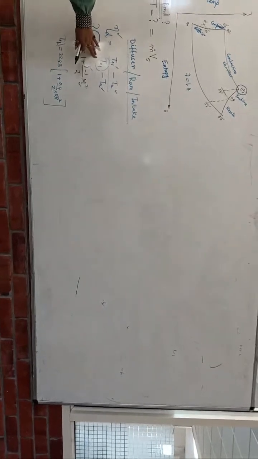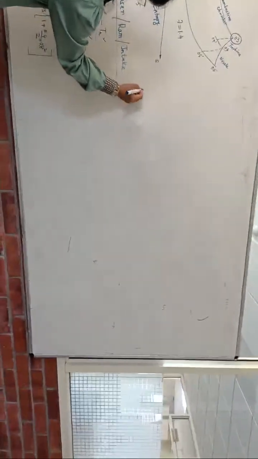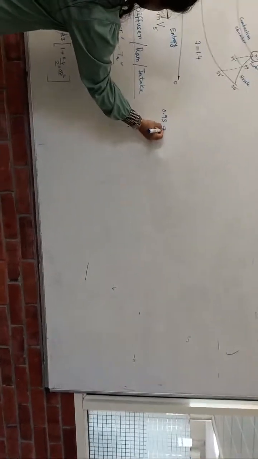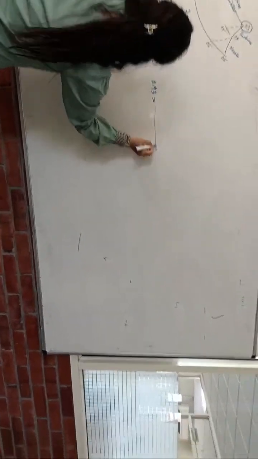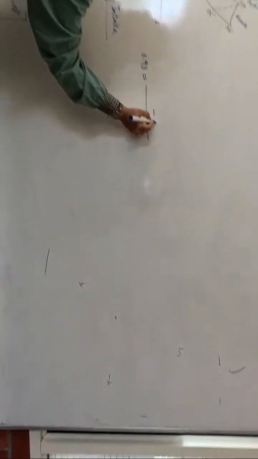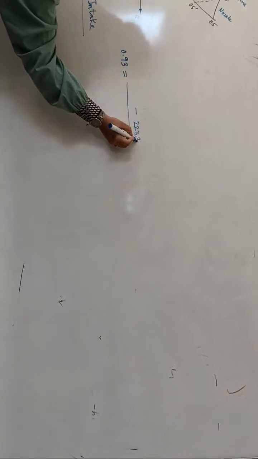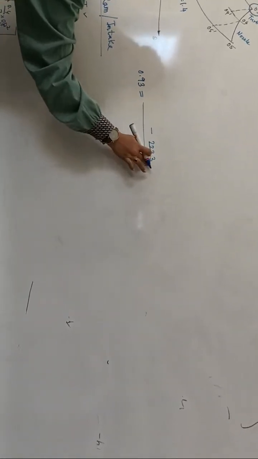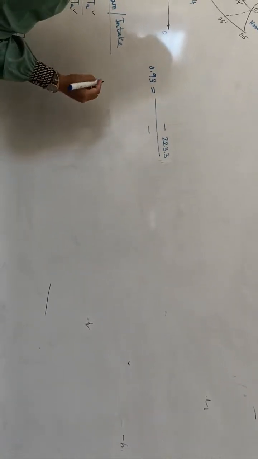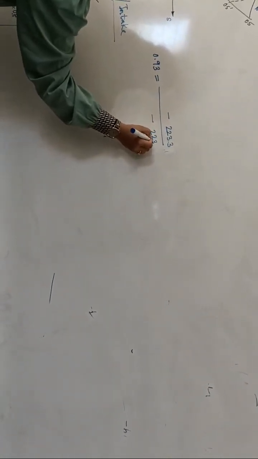So once you substitute here, the diffuser efficiency 0.93 equals, with T01 unknown, minus 223.3 Kelvin, divided by T01 prime minus 223.3, where you get T01 from the previous formula.